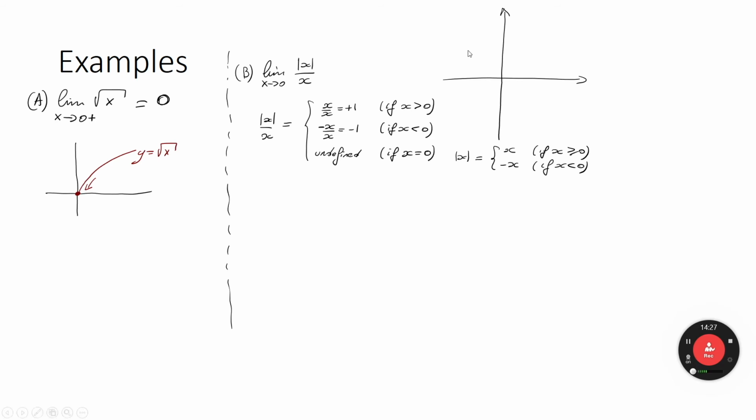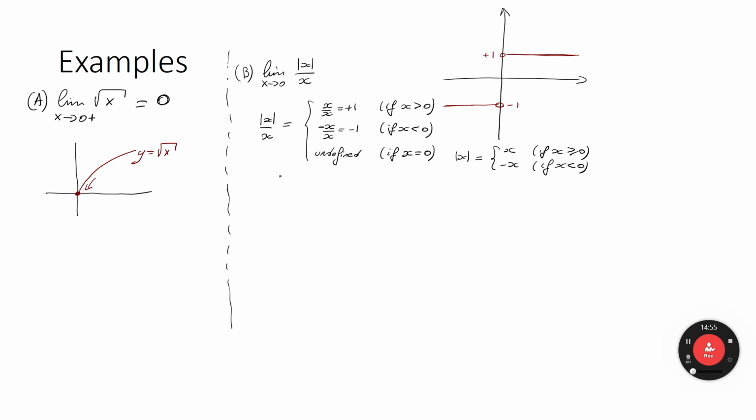So that function looks like this. It's constant minus 1 up until where you hit the y-axis, and then it's not defined for x equal to 0, and for positive x it's the constant plus 1.